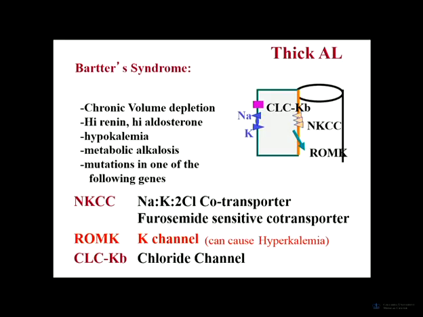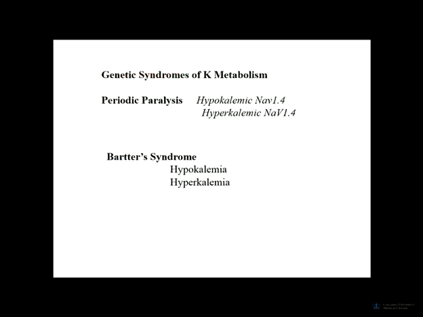We talked before, I think John might have talked to you about the thick ascending limb. In the thick ascending limb, there is a transporter called NKCC, which transports sodium, potassium, and 2 chlorides. So it is neutral. It dumps all of them into the cell, and the potassium gets recycled through a potassium channel. And the chloride comes out on the basolateral membrane.